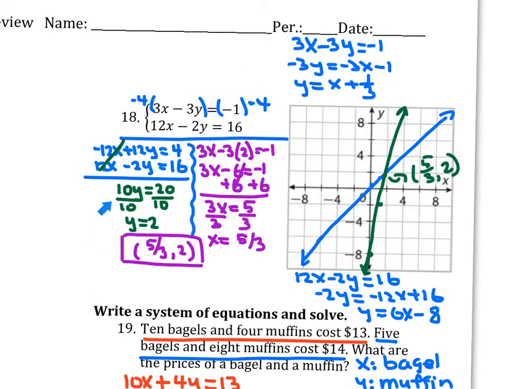Plug that back into one of your other equations, and I chose the first one. Here it is. And once you solve, you get x equals 5/3. 5/3 is the first term, and y, the 2, is the second number in your point. After graphing, you find out that it's true that these two lines cross at 5/3, 2.